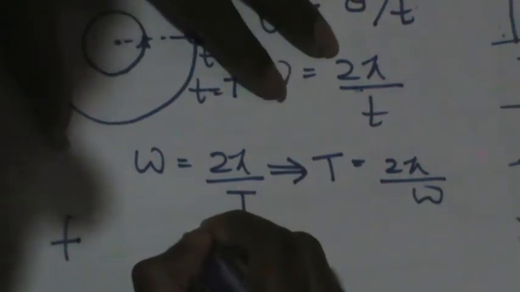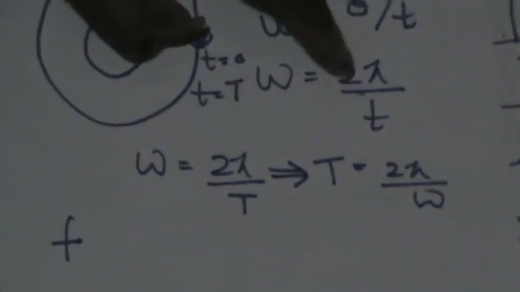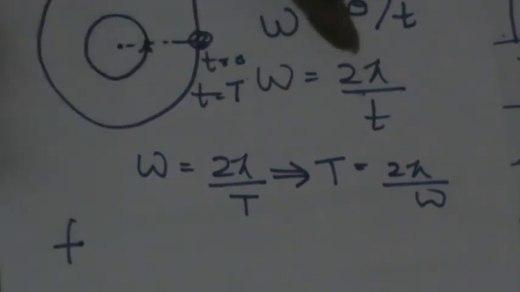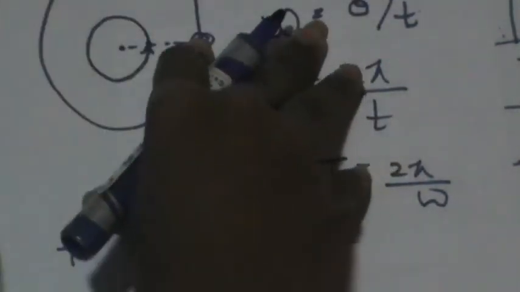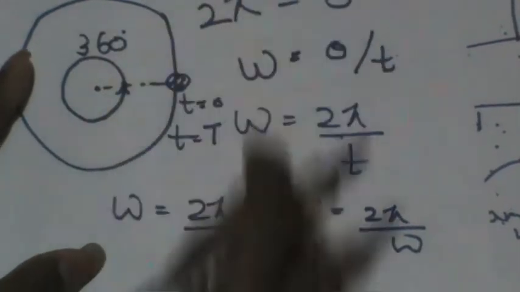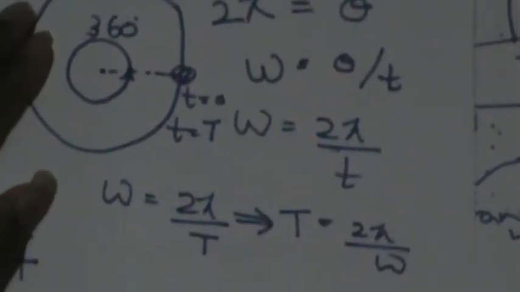So if there are 2 cycles within 1 second, taking a unit time, if there are 2 rotations around this center, each of 360 degrees, so this is 2 around the center, the frequency is 2.